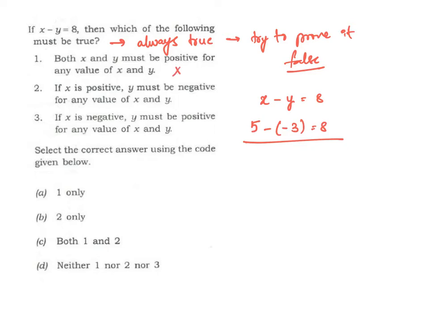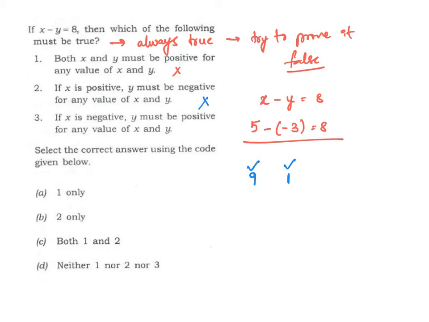Now the second statement says if x is positive, y must be negative. Suppose I take x as 9, then y value is 1. So if x is positive, y is also positive. So in some cases this may be false.